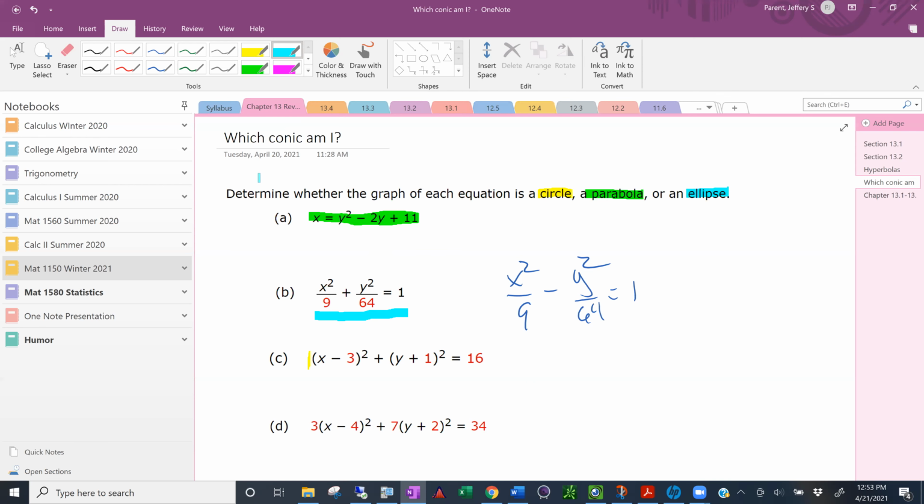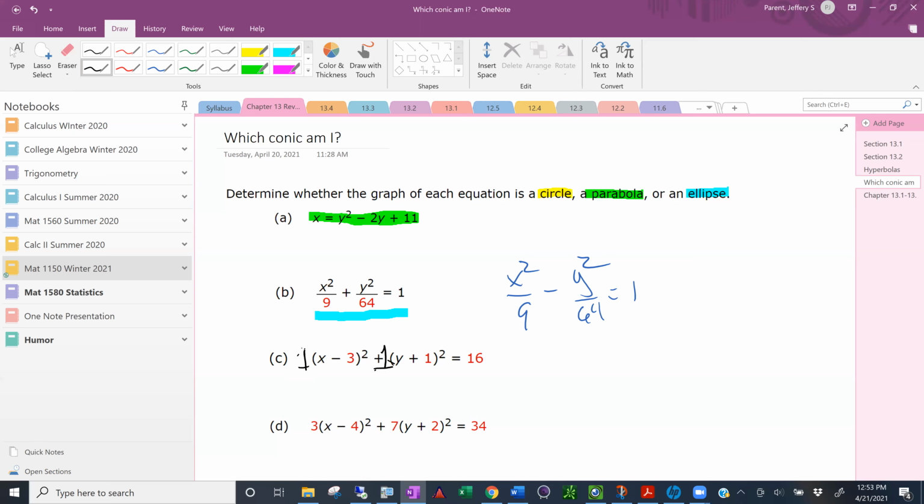Now down to equation C, what I would draw your attention to is that the number in front of each of these squared terms is the same. There's a 1 here and a 1 here.